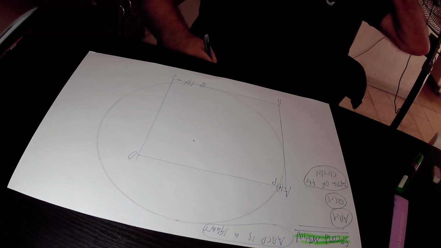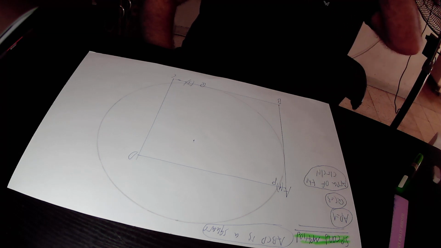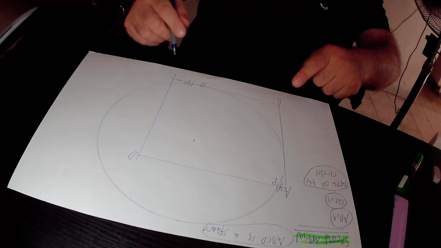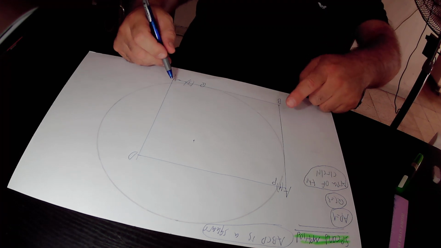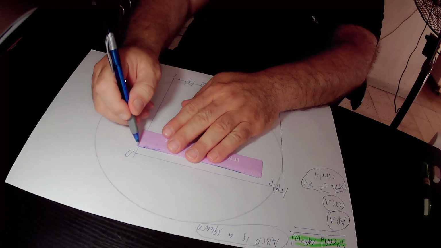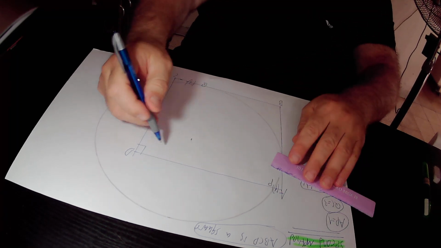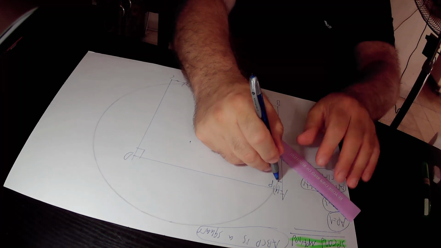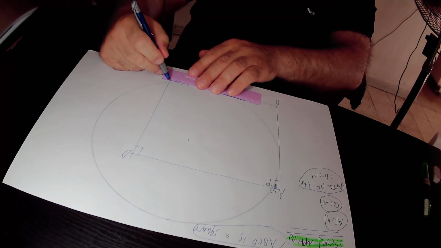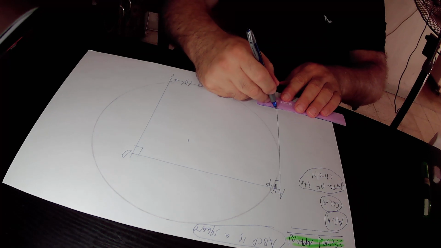And our mission is to find the area of the circle. First of all, we know that all the angles inside the square are right angles. So those four angles are all right angles. This is a right angle. This is a right angle. This is also a right angle. And finally, this is a right angle.